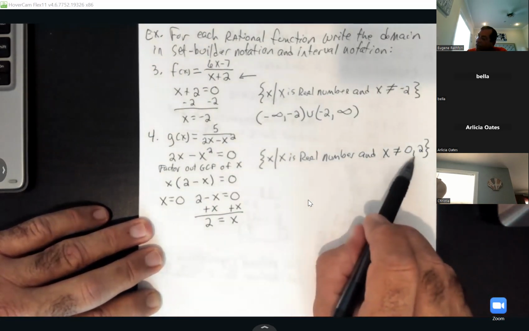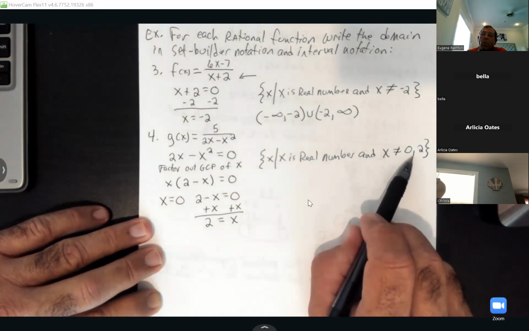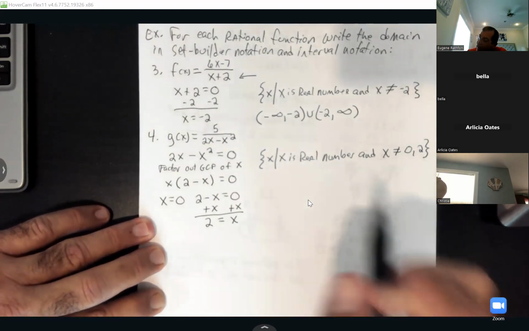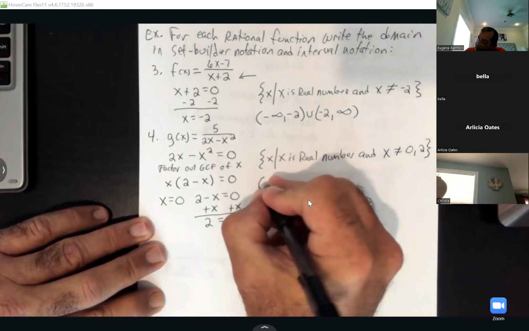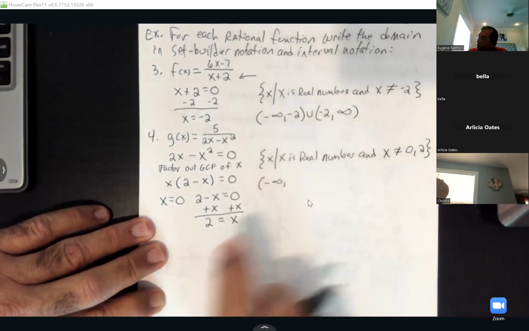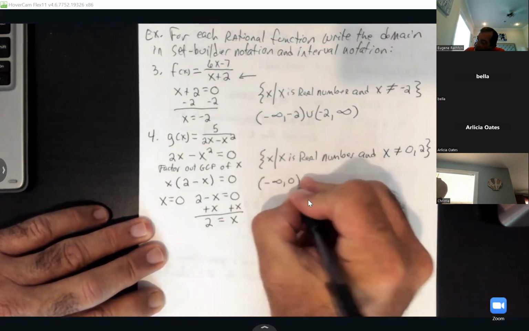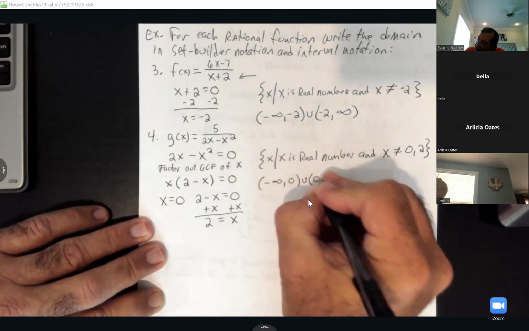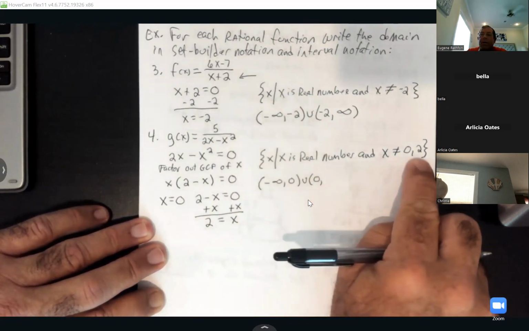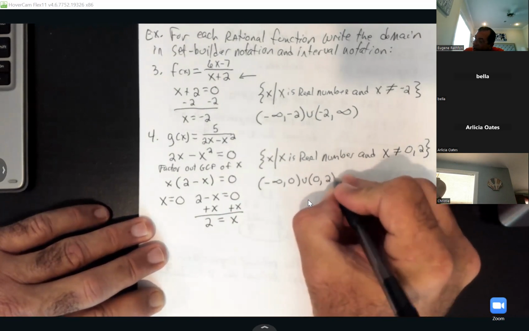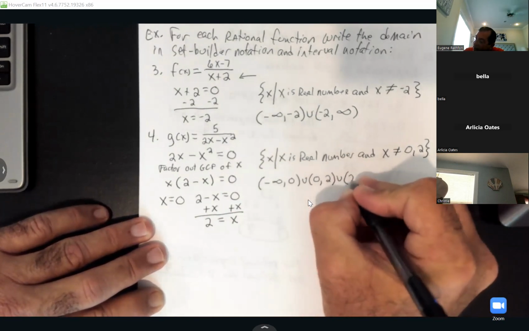Now, usually in these, you got to put these numbers in order that they would go from left to right on a number line, okay? Now, my domain starts at negative infinity. First number I hit would be 0, so I'm going to union around that 0. From 0, we would go until we hit 2. So now we got a union around that 2 to kick it out.